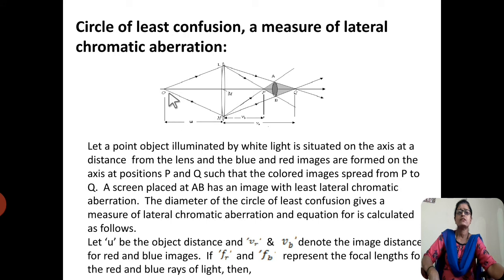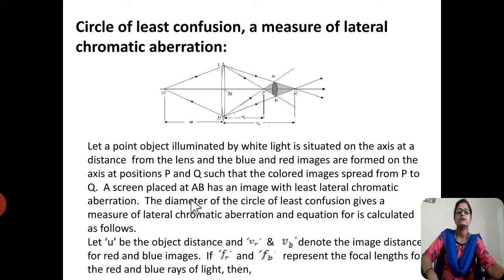A point object O, illuminated by white light, is situated on the axis at a distance from the lens, and the blue and red images are formed at the positions P and Q. At the point P, blue images are formed, and at the point Q, images of the red rays are formed.